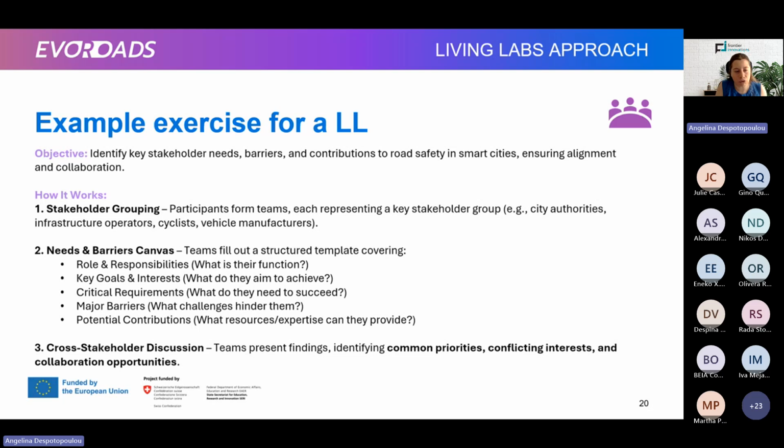You're discussing who your users are, what their roles, their responsibilities, their goals in their work, their interests, any particularities that they have as individuals and as people, but also as professionals, the critical requirements, what they need to succeed, the problems and challenges that they face, not in their lives in general, but in their professional lives, and maybe barriers of other kinds, like legislation, people, things that can only be told by the professionals that work in the sector and face them every day.